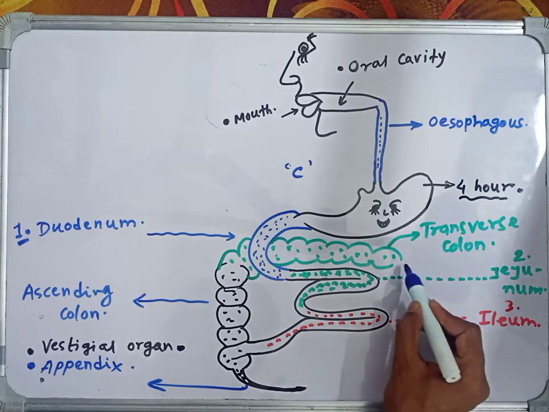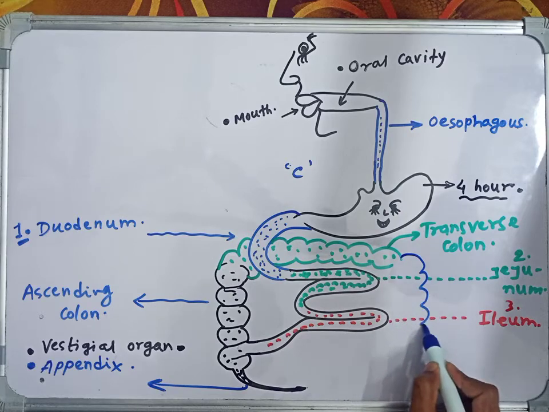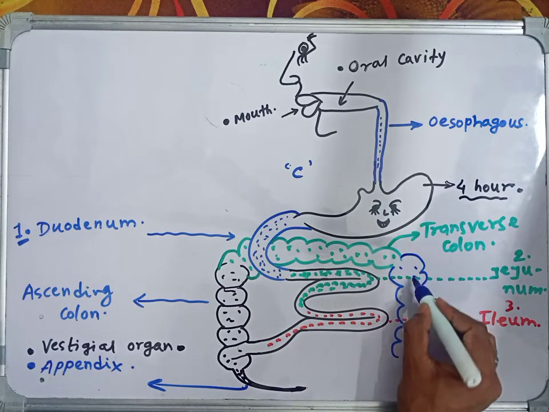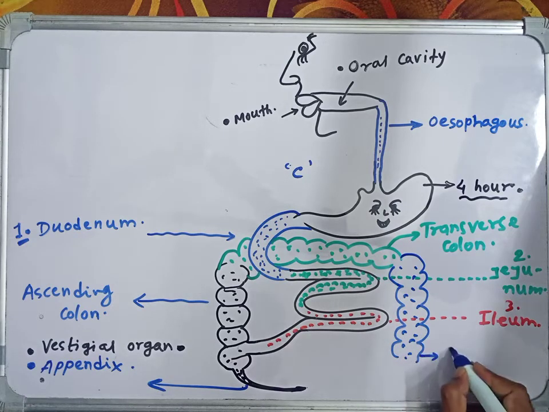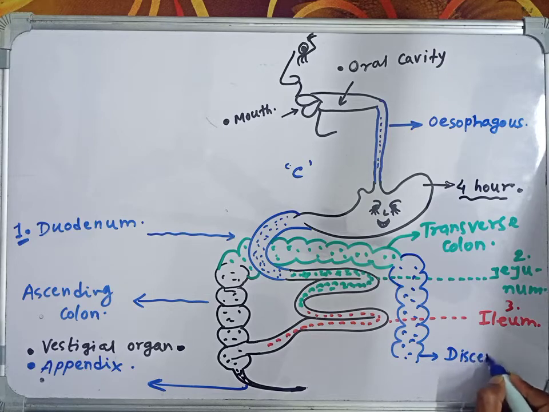And this transverse colon turns back downward, and this structure of our large intestine is called the descending colon, right? Descending colon.